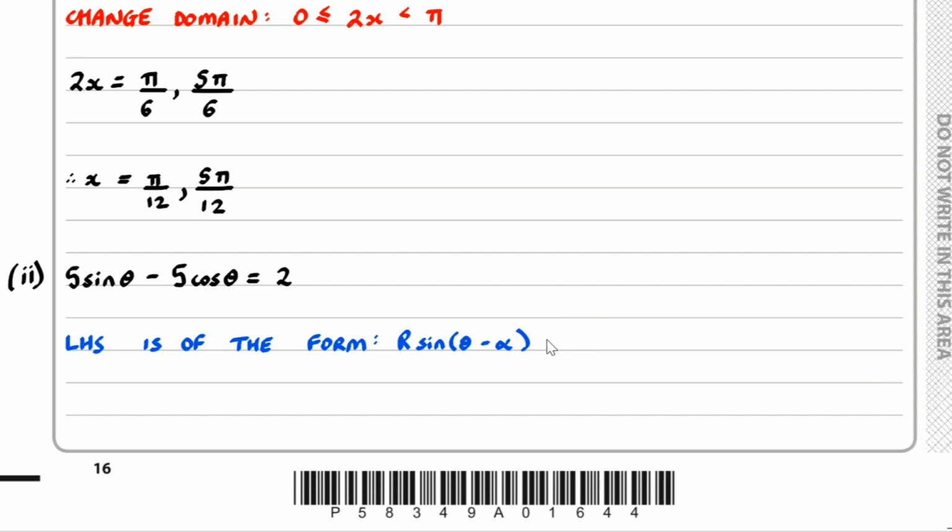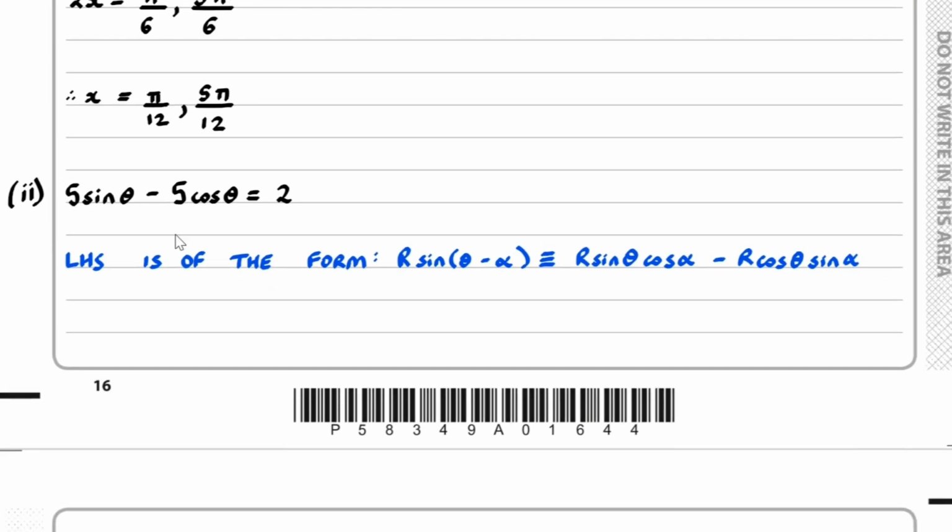So the left hand side is of the form r sin of theta minus alpha, which is equivalent to r sin theta cos alpha minus r cos theta sin alpha.